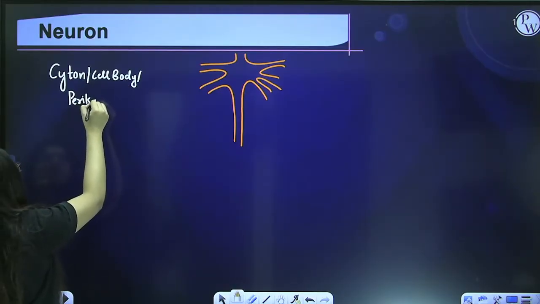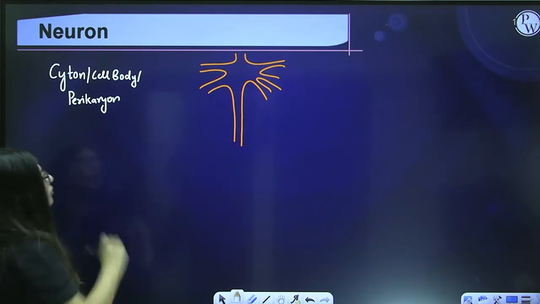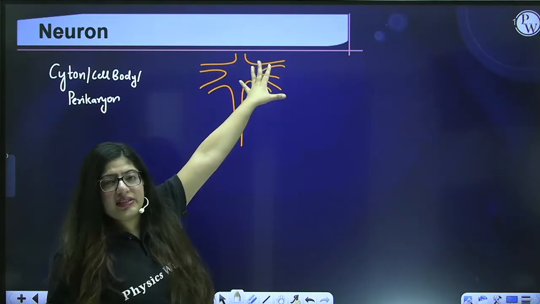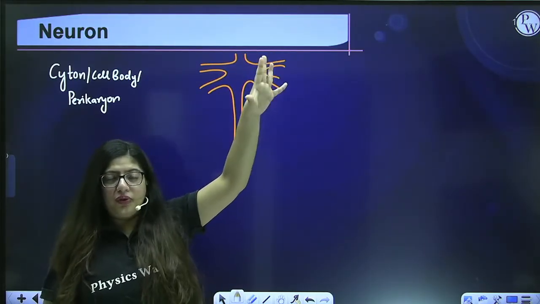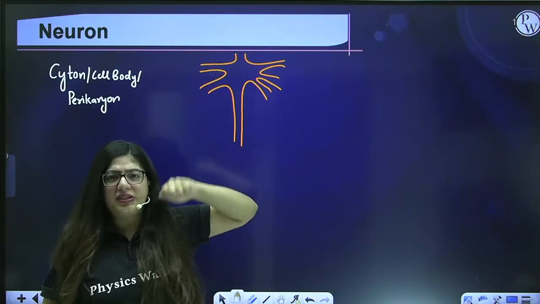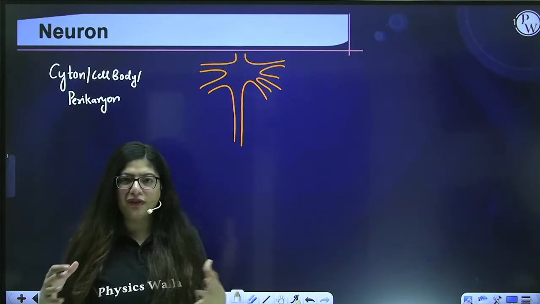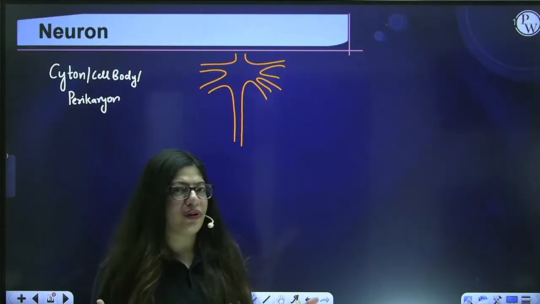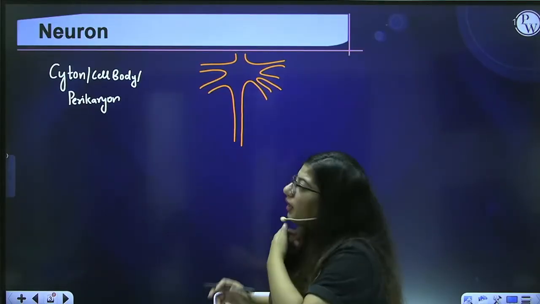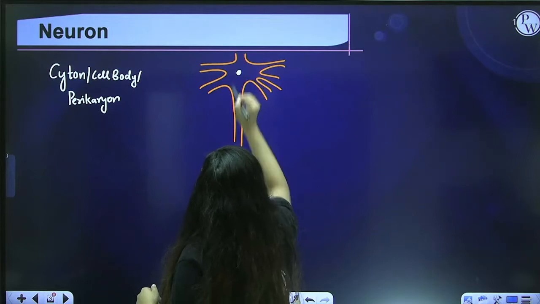All right, so this one is a cyton. You're thinking, ma'am, it has the name cell, so that means it will have certain properties like a cell. How many of you are thinking that right now? I know a number of you are. So here it will have a nucleus inside like this.